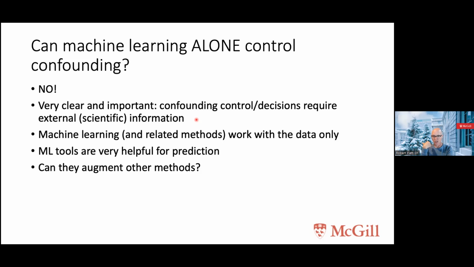You can't just use pure prediction methods to control for confounding. The strength of machine learning methods is that they work with the data only. They don't use external information to predict. They're supposed to be working just with the data, and they're good for prediction.